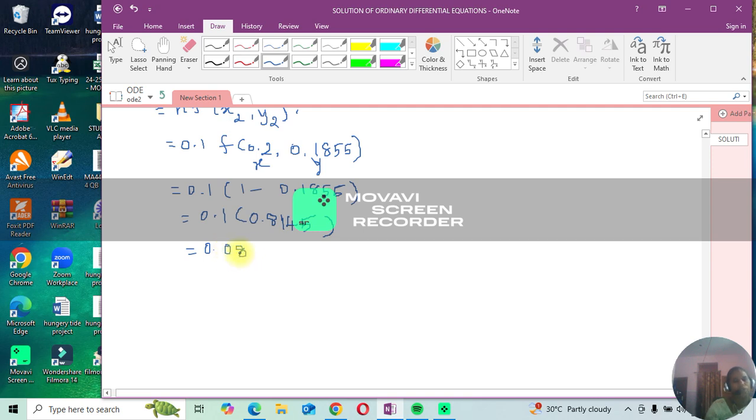Let us consider only 4 decimal places. The fourth decimal is 4 and the next one is 5, so we may add 1 with this 4 or we can leave it. I am adding 1 with this, so 0.0815. Up to 4 decimals I have considered. So this is the K1 value.